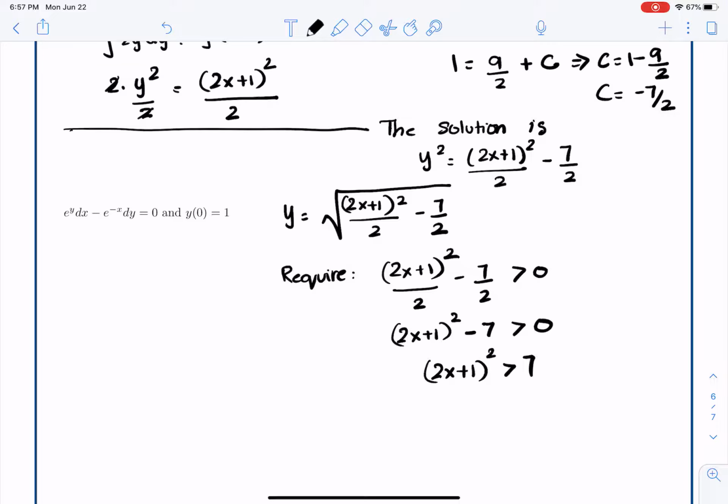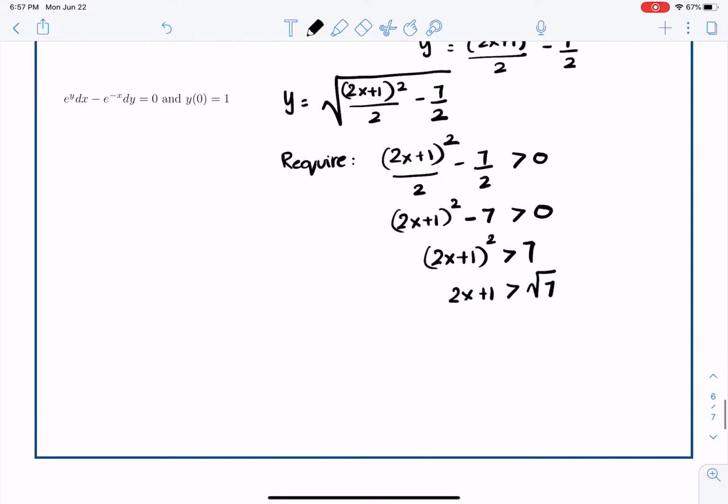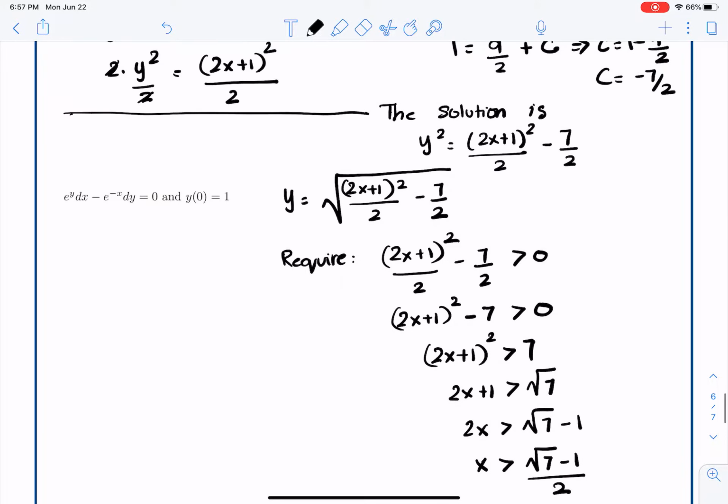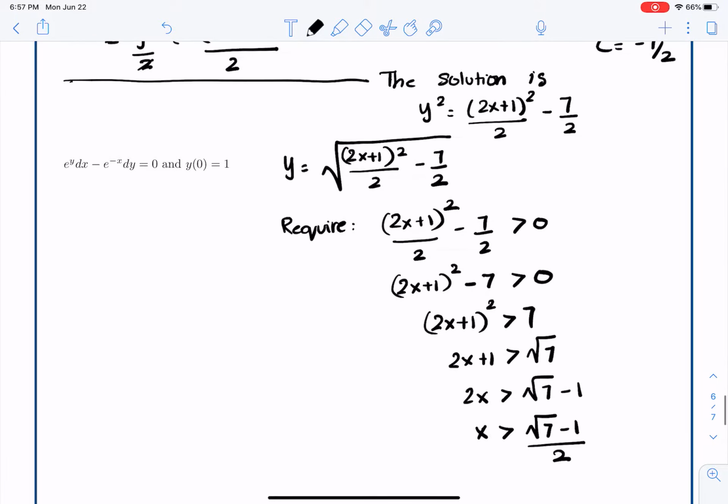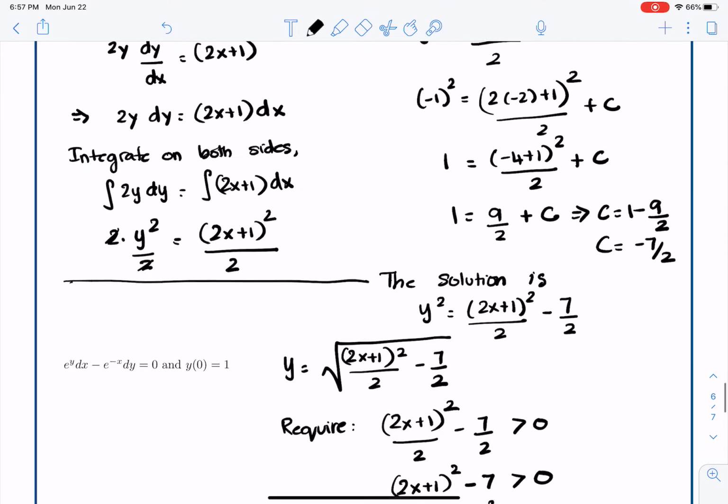If we take the root on both sides, 2x plus 1 is greater than square root of 7. 2x is greater than square root of 7 minus 1. And x has to be greater than square root of 7 minus 1 over 2. So the existence interval is x greater than square root of 7 minus 1 over 2.